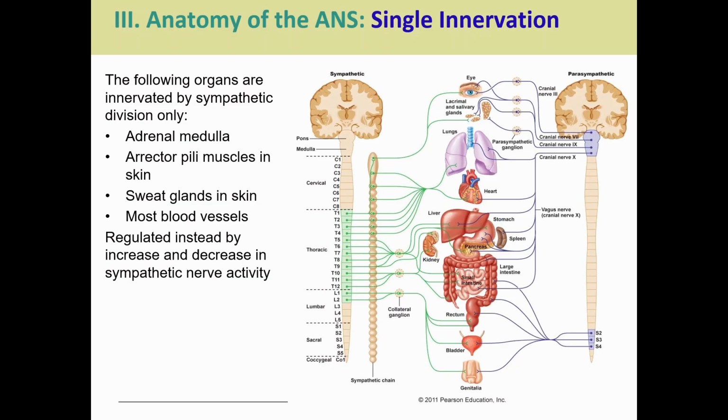So there's a couple of exceptions, but generally speaking, most things are innervated by both sides. Instead, it's just the nerve activity. The more nerve activity from the sympathetic side, the more active they are. The less activity, the less they are. It's more like a switch, right? It's on or it's off.